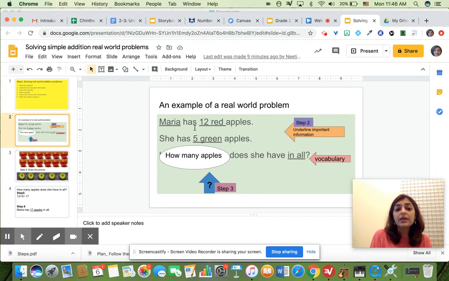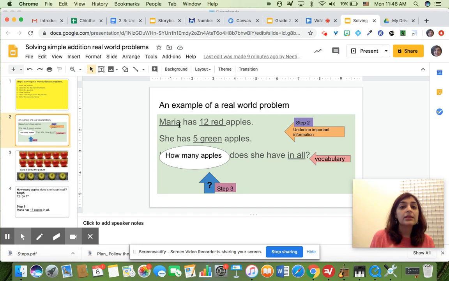So, Maria has 12 red apples, so I have marked 12 red because that's important information. She has 5 green apples. That's important. It's important to know how many green apples she has. And I've also marked Maria because I want to know who has these apples.